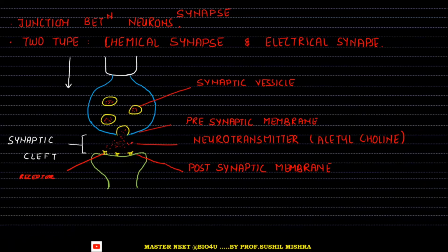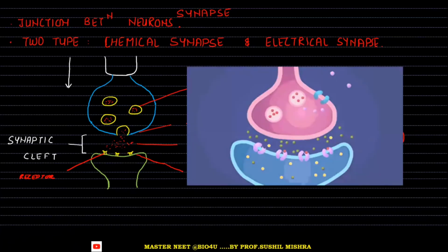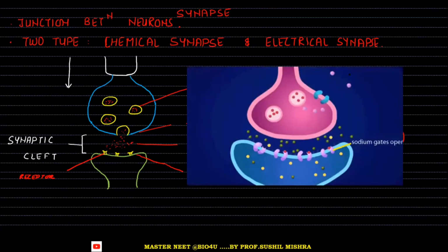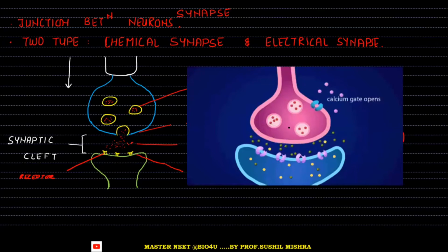Next, just try to observe this diagram. What happens here? Let us consider the presynaptic neuron gets the action potential. What happened here? The calcium gates open up. Calcium is coming in.